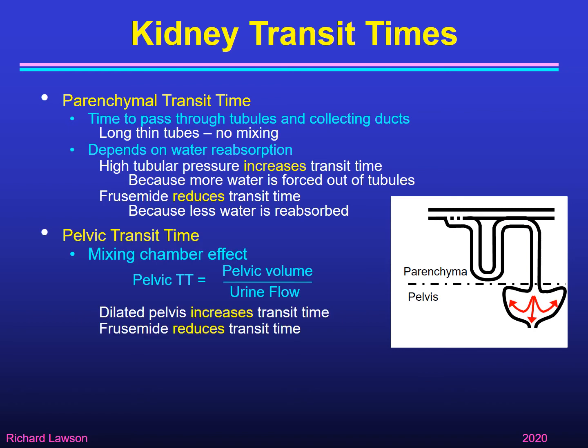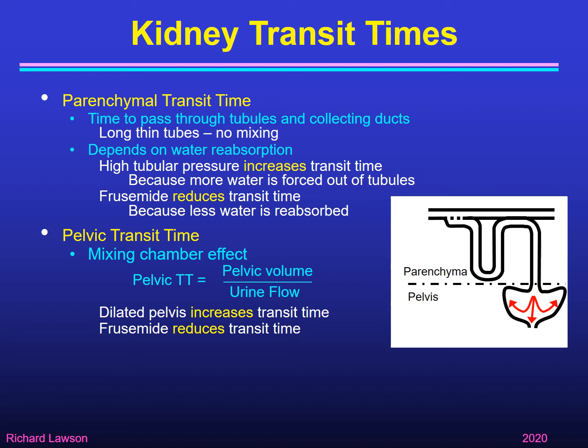When we get to the pelvis, it's slightly different though. This is not a long, thin tube, this is a large mixing chamber, so the transit time is determined by the volume divided by the flow. So if we've got a dilated pelvis, we have a large volume, which means we have an increased transit time.